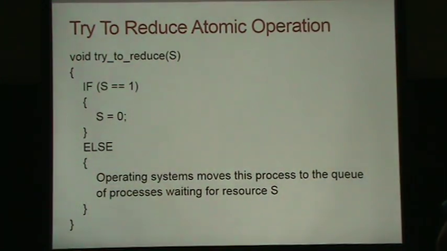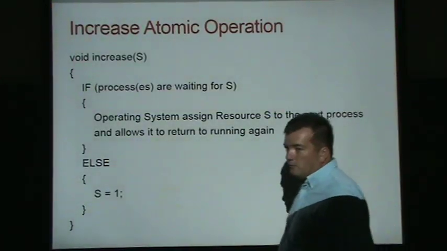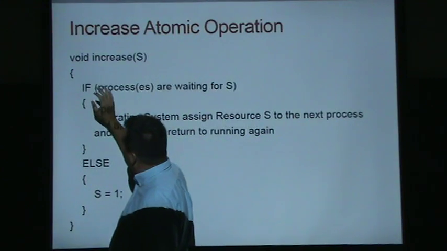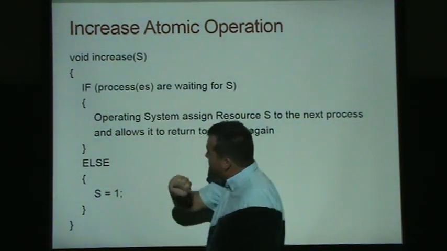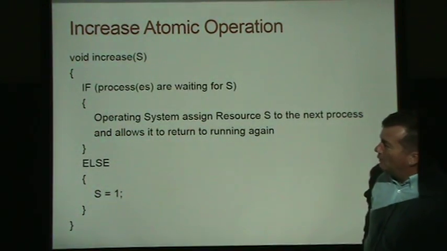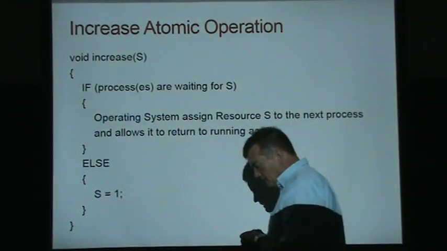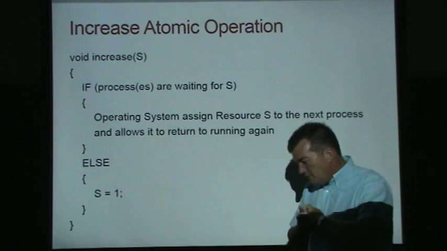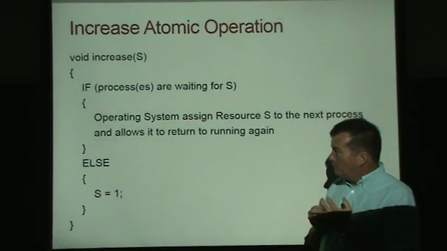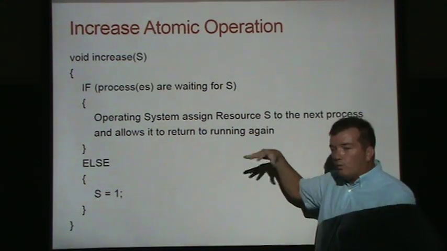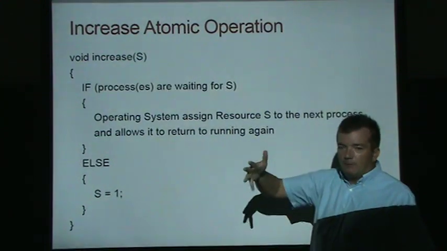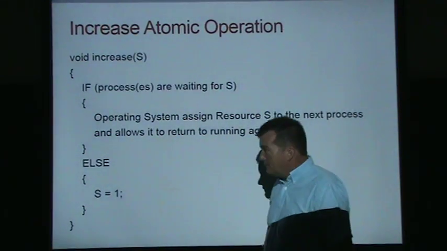When you're done with the resource, you're going to issue a function called increase. This is your way of saying, okay, I'm now done with the resource. If anyone's waiting for it, you can alert them that this thing's now available, it's theirs to take.